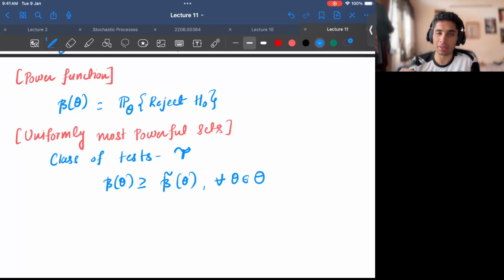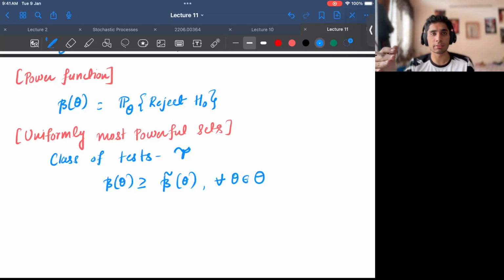Intuitively, if a test has more power, it means that it has more evidence that the null hypothesis is not true.